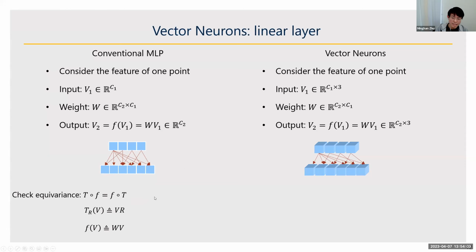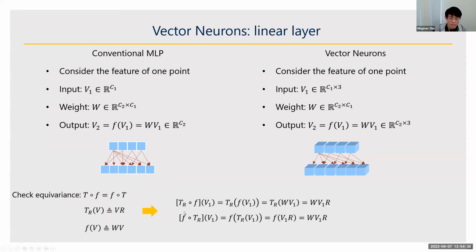And we can check that such a layer is actually rotation equivariant. Remember, the definition of equivariance is just that the transformation and the function are exchangeable. The order is exchangeable. And here we have the transformation denoted by a rotation matrix multiplication on the right, and the function is a weight matrix multiplication on the left.